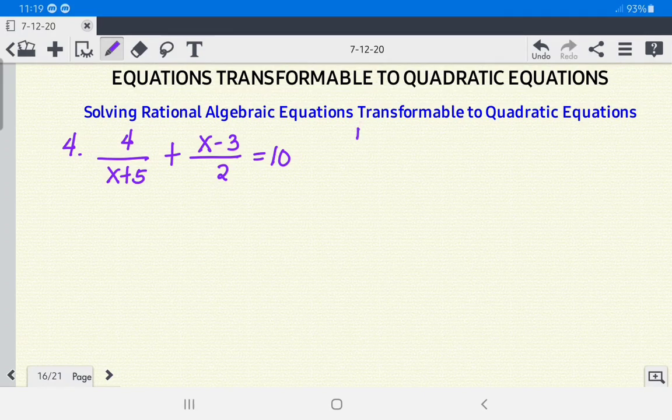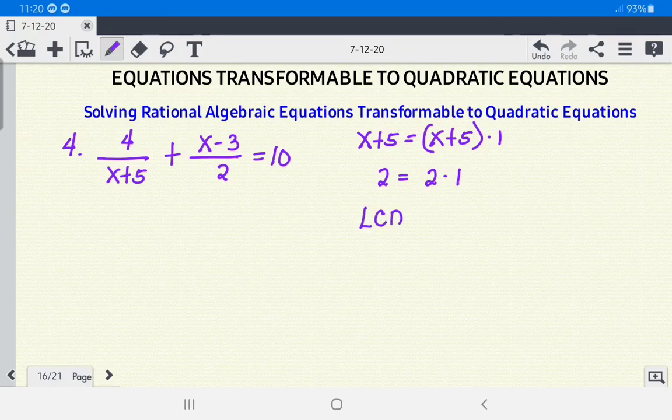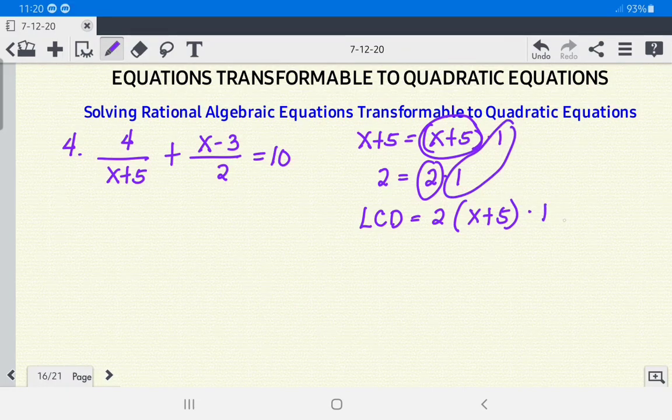So, to look for the LCD, for the first factor, x plus 5. Okay, factors are x plus 5 times 1. Okay, then for the second denominator, we have 2. So, 2 times 1. Then, let us get the LCD, which is 2 times x plus 5, then times 1. So, the LCD here is 2 times x plus 5.